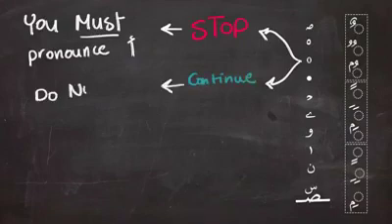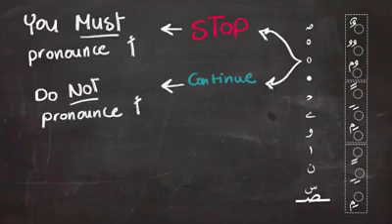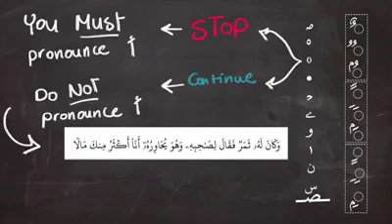But if you continue, you will not pronounce it. Like in this example. So if you stop at the word, you will have to pronounce the alif. And you will say, وَهُوَ يُحَاوِرُهُ أَنَا. But if you continue, you will not pronounce the alif. وَهُوَ يُحَاوِرُهُ أَنَا أَكْثَرُ مِنْكَ مَالًا.